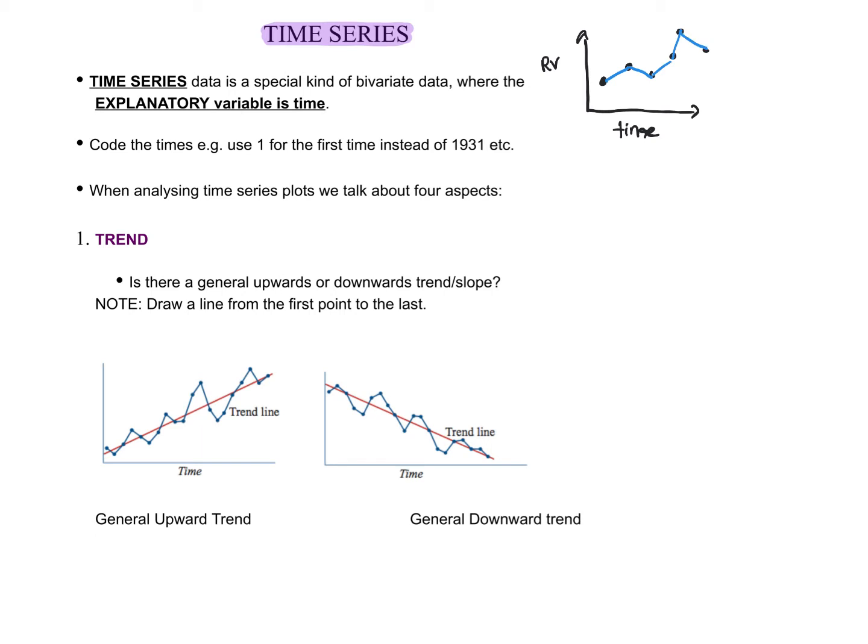Okay, so often when you do a time series, say they wanted to start back in 1931 and go all the way up to now, they might not call the variable 1931. They might say the first year they recorded is number 1, so then 1932 would be number 2.